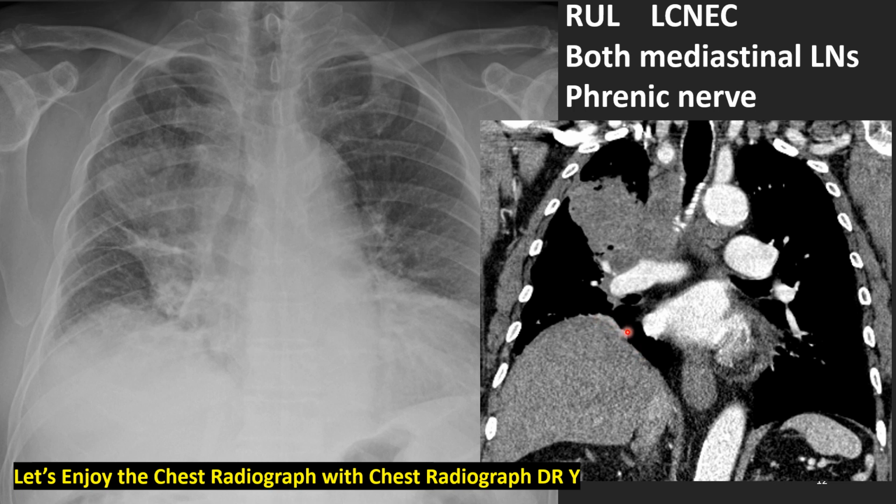This is right upper lobe large cell neuroendocrine carcinoma with bilateral mediastinal lymph node enlargement and right side phrenic nerve invasion. Late stage with poor prognosis suspected.